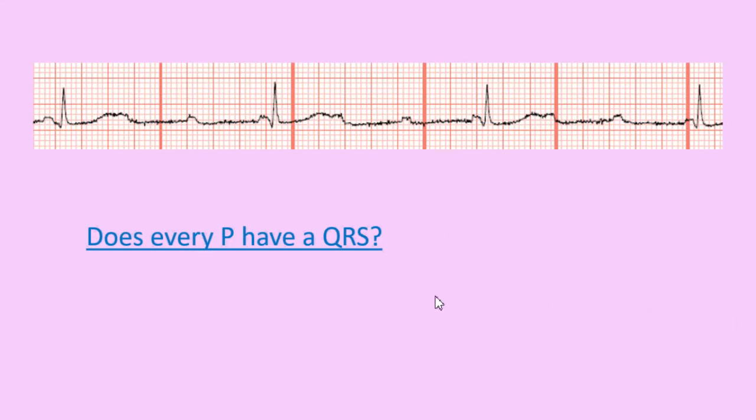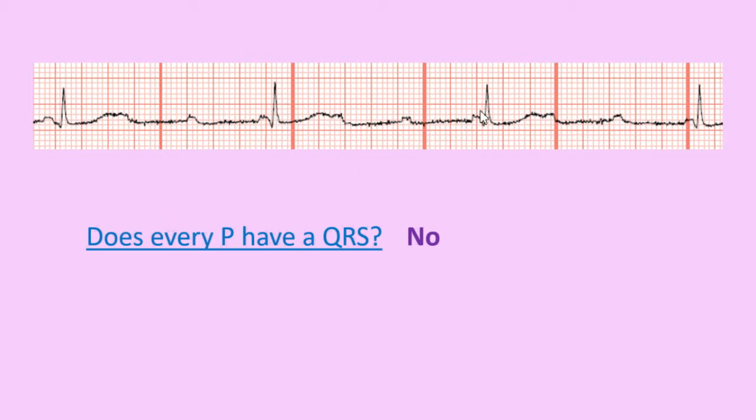Moving on. Starting off, does every P wave have a QRS? P wave QRS, P wave no QRS, P wave no QRS, P wave QRS. So again, we don't have a QRS complex for every P wave. If we look, we have 1, 2, 3 P waves for every single QRS complex.